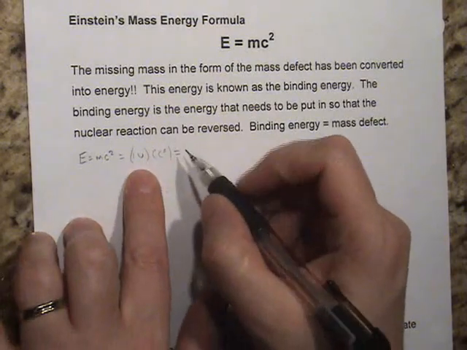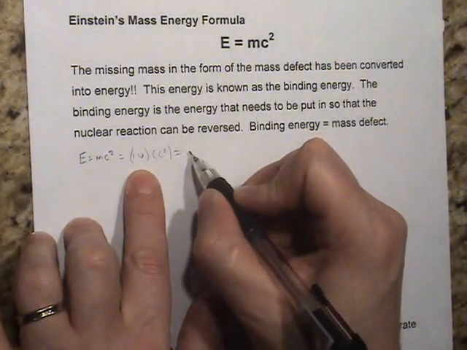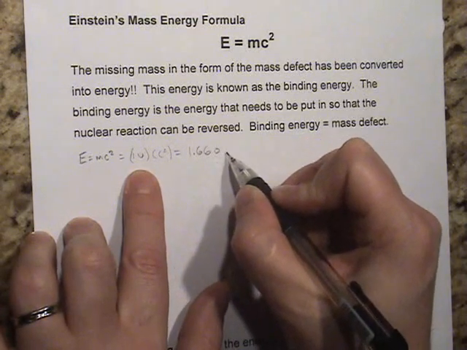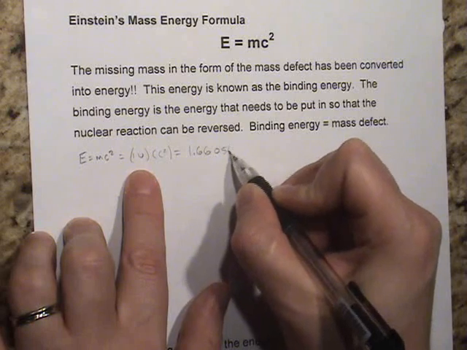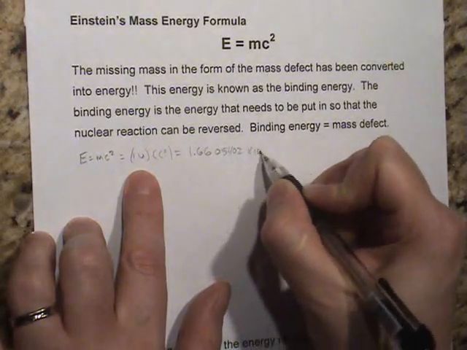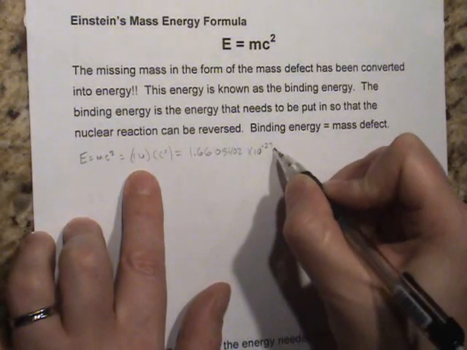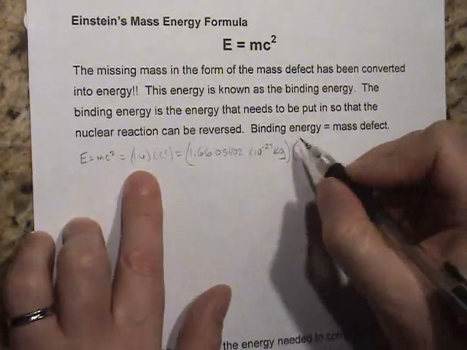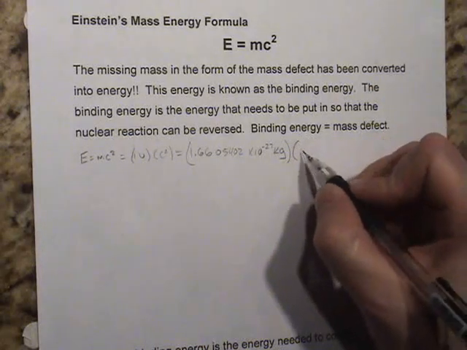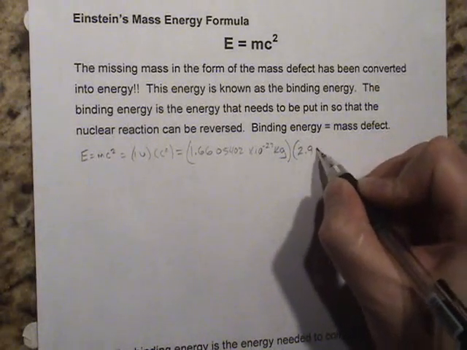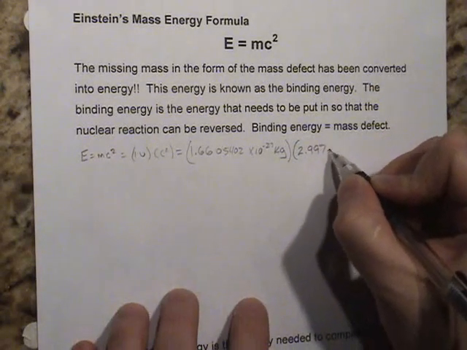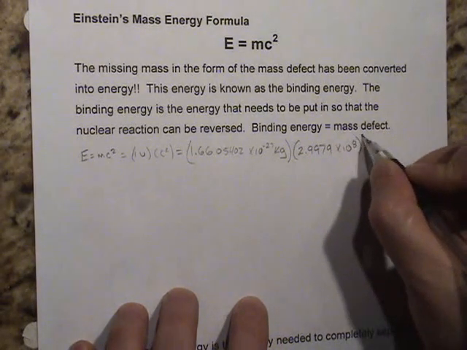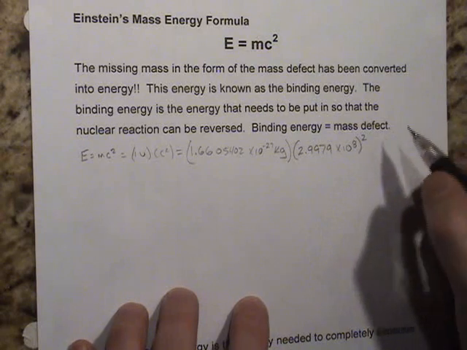Remember, one atomic mass unit is equal to approximately 1.6605 times 10 to the minus 27 kilograms, times the speed of light, which is approximately 2.9979 times 10 to the 8th, and then we need to square that.